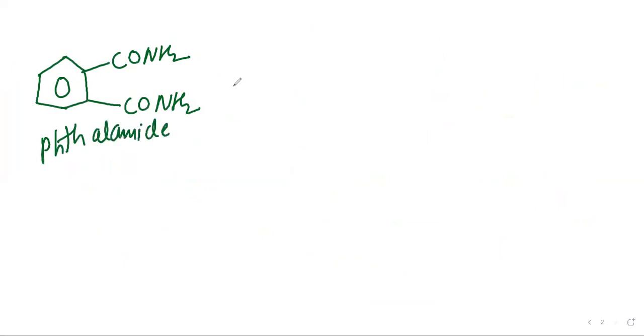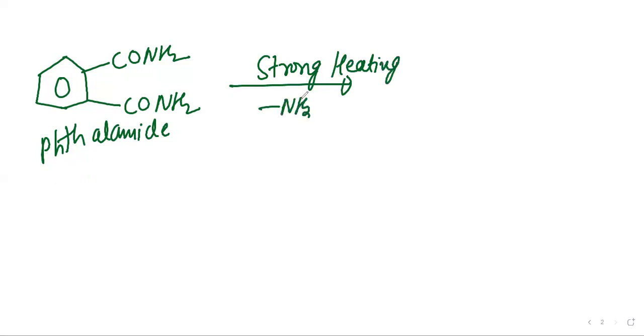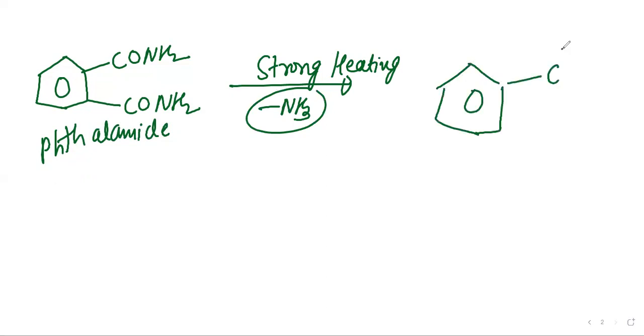Phthalamide. When we do strong heating, removal of ammonia will happen. NH3 will be removed, and then phthalimide will be formed after strong heating, with C double bond O, NH, and this also C double bond O, NH.